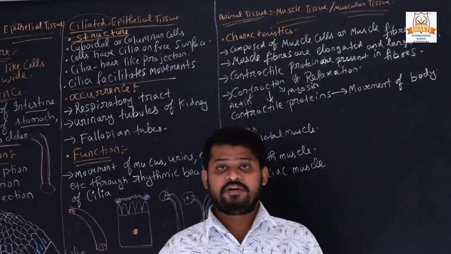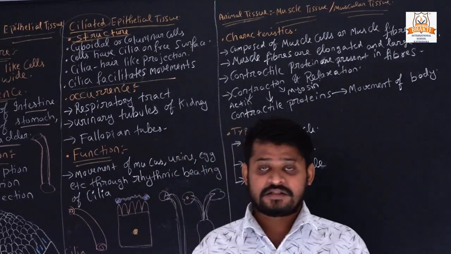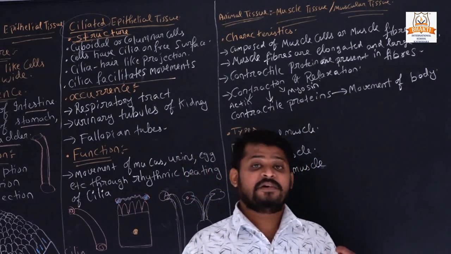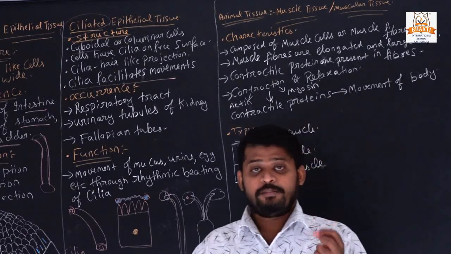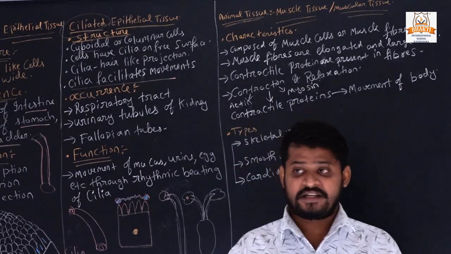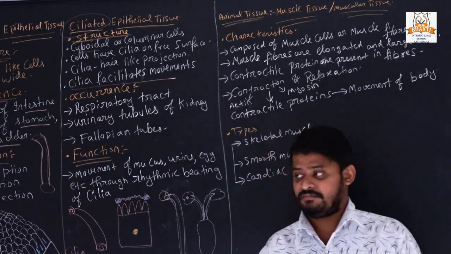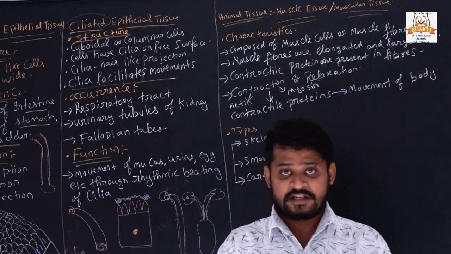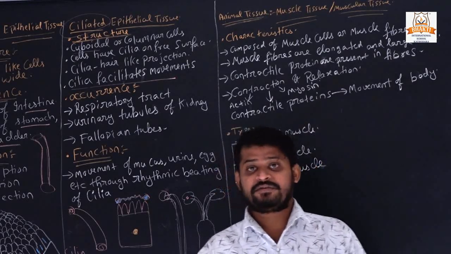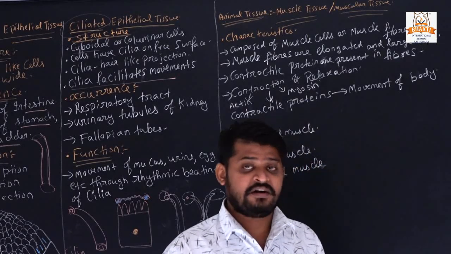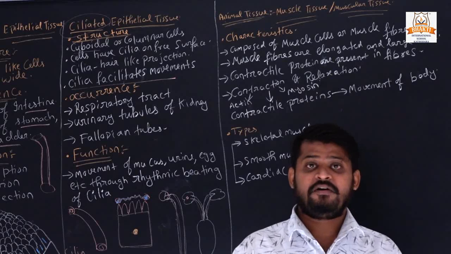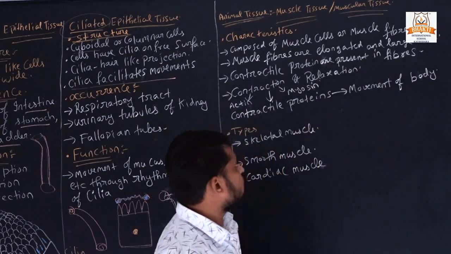Because our whole body is made up of muscles, and the muscles in our body have important functions like movements and locomotions. I recently told you the difference between movement and locomotion. So these all happen with the help of muscle tissues.